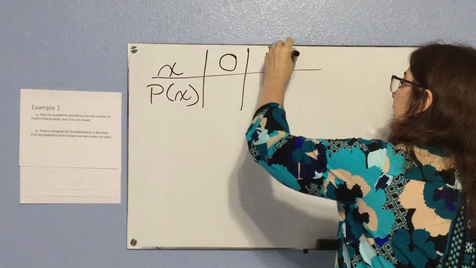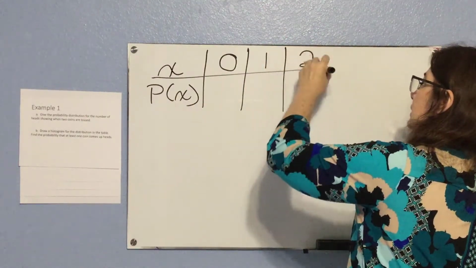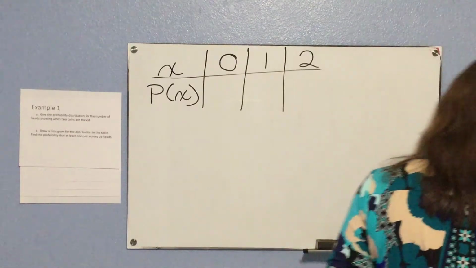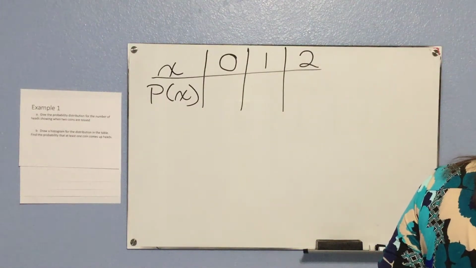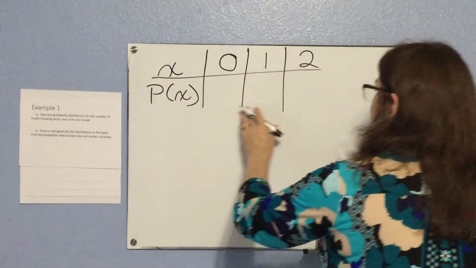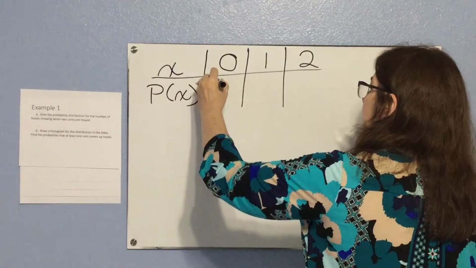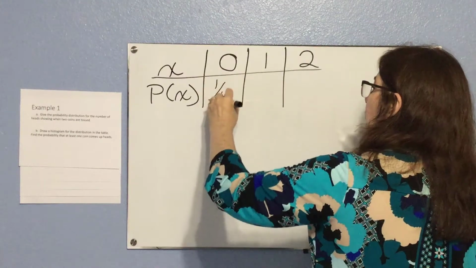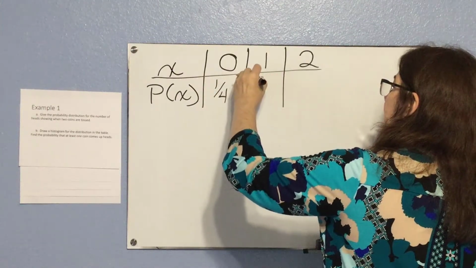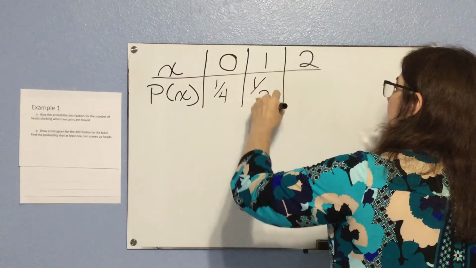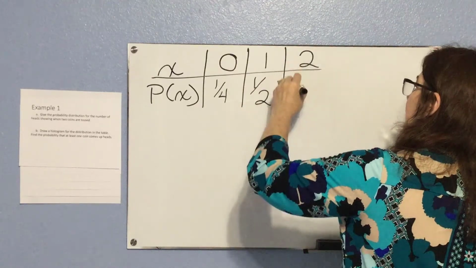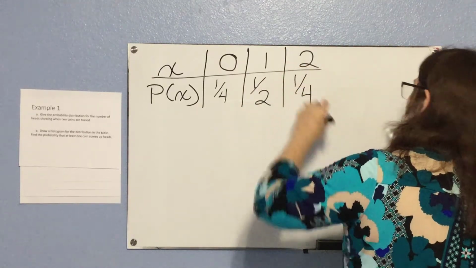There could be one head and one tail, or there could be two heads. And if we are tossing a fair coin, we'd like to think the probability of no heads would be about 1/4, one head about 1/2, and two heads also 1/4.